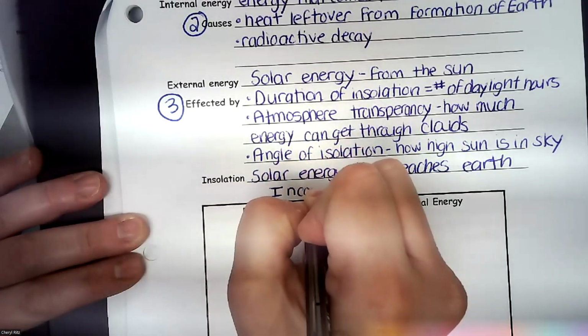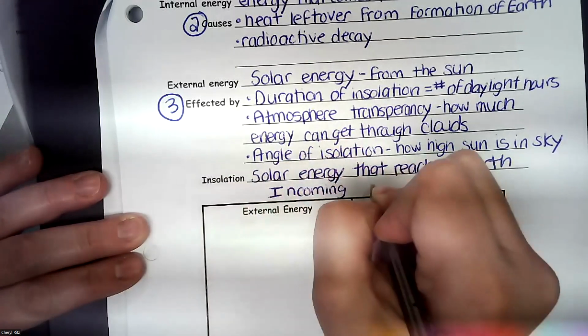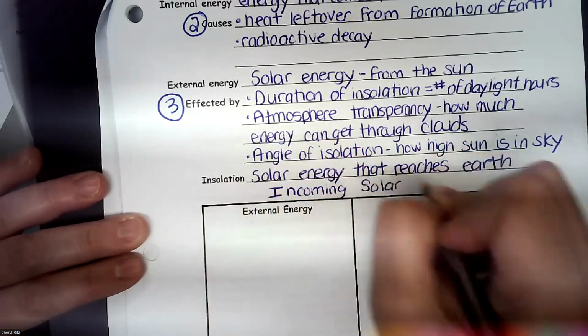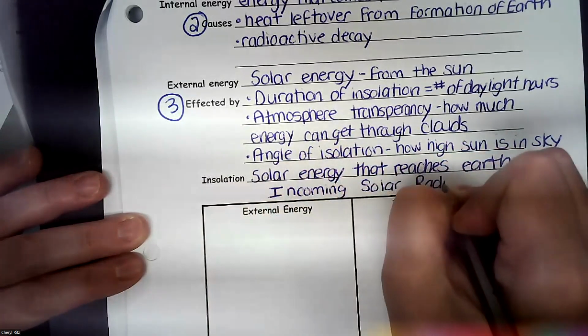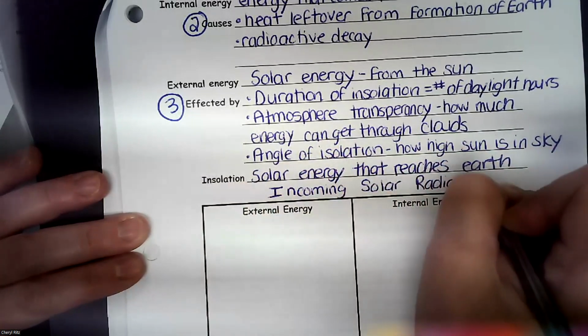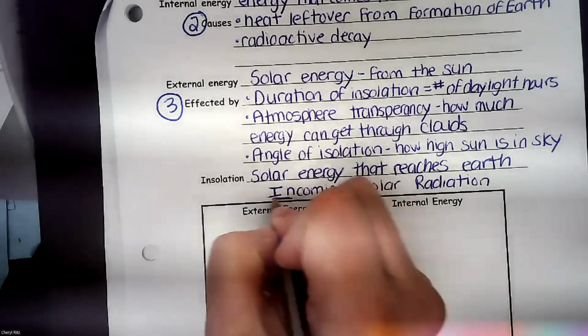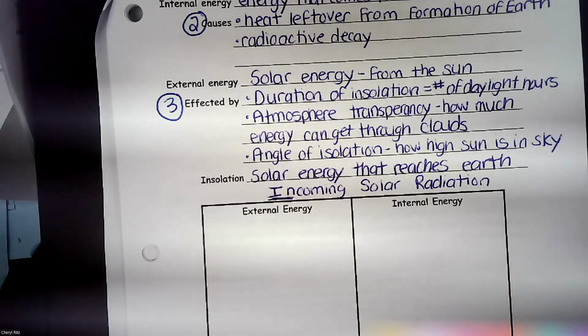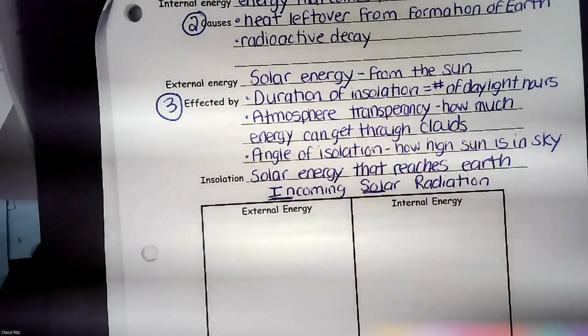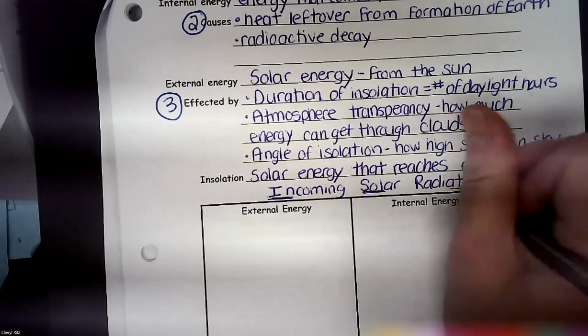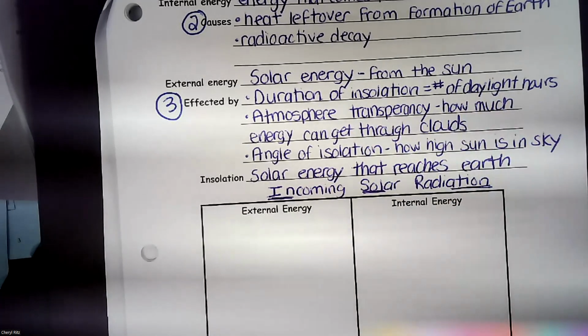It stands for incoming solar radiation. Did anybody just think I was saying the word insolation wrong? Yeah, it's insolation. And where does that come from? Comes from the word in, or the in from incoming, the sol from solar, and the ation from radiation. So they really just made up a word for incoming solar radiation.